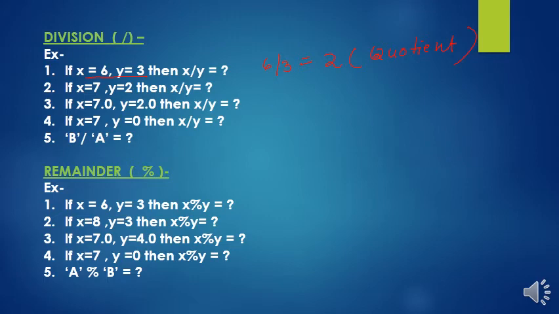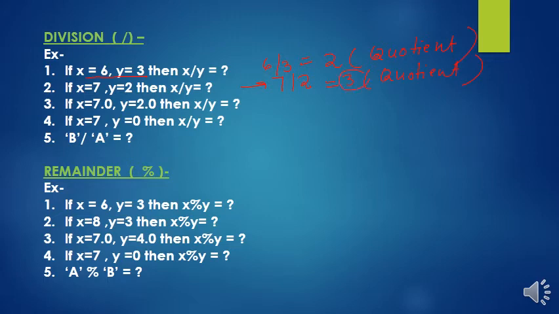Next, the value of x is equal to 7 and y is equal to 2. So 7 divided by 2 is equal to 3. Quotient is equal to 3. 2 3s are 6. And division gives what? Quotient.